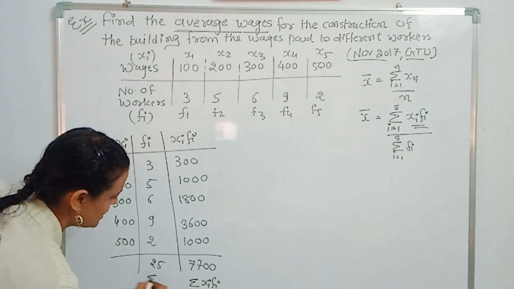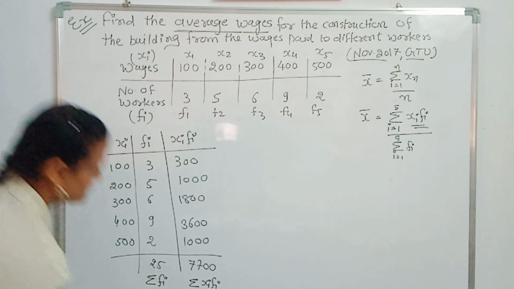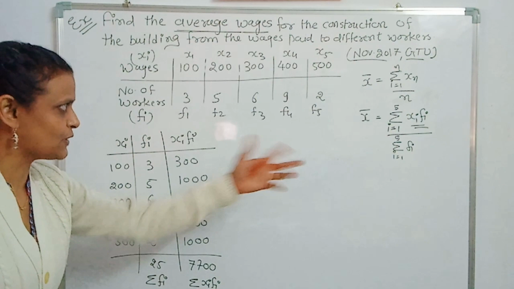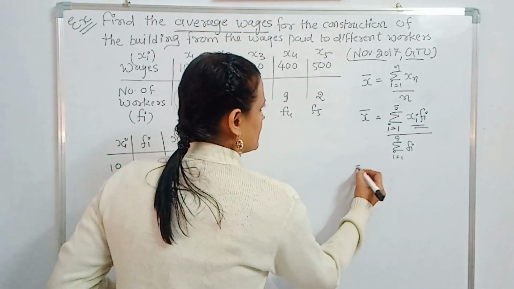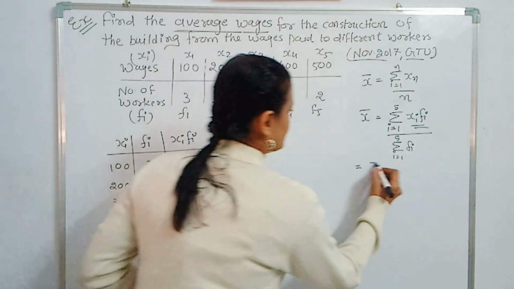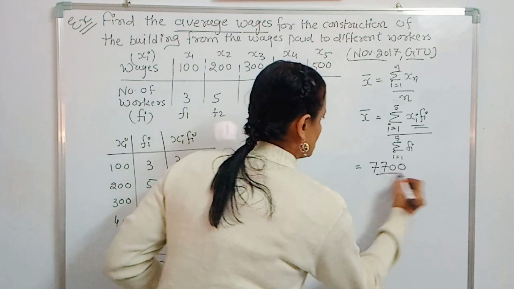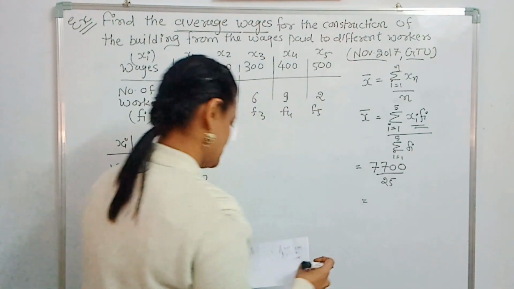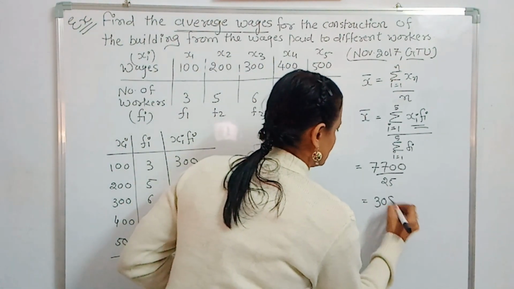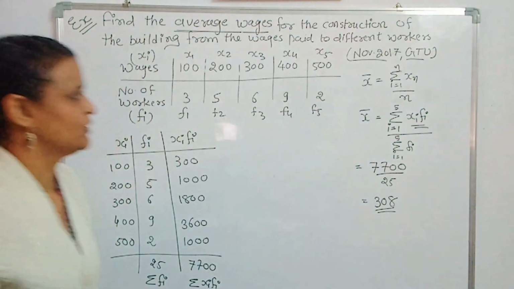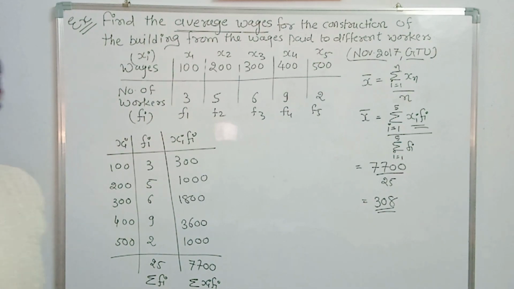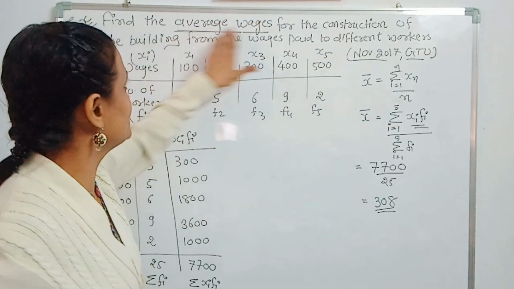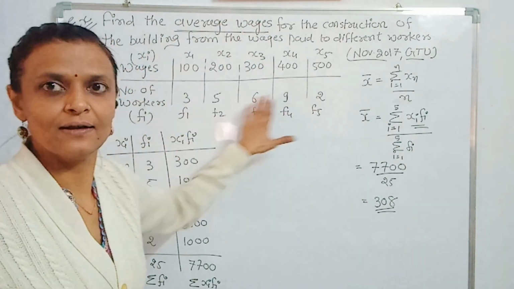This is nothing but sigma fi. So let us substitute these values in this equation. It is 7700 divided by 25. Answer is 308. So here we have found the mean or average value of the wages for the group data.